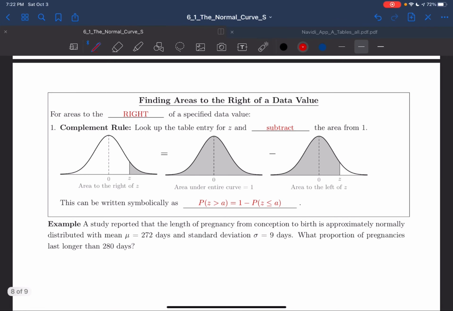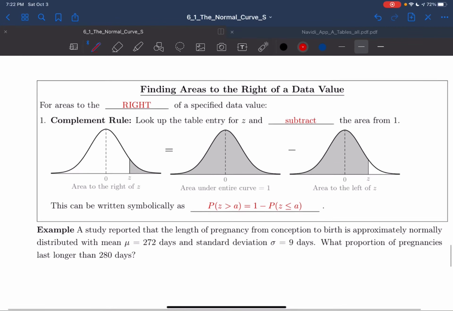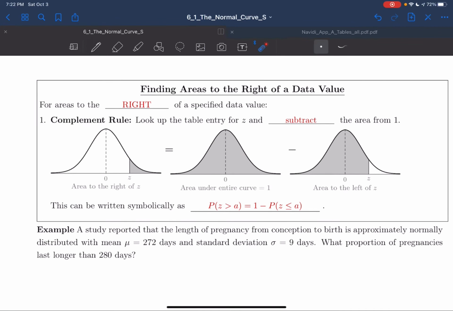So for that, we could start thinking of the rule of complements. Remember that the area underneath the whole curve is equal to 1. So if I want to find the area to the right of a z value, let's say here, if we take the area of the whole curve, which is equal to 1, minus the area to the left of that value, all we have left is that little piece here, the area to the right of that z value.